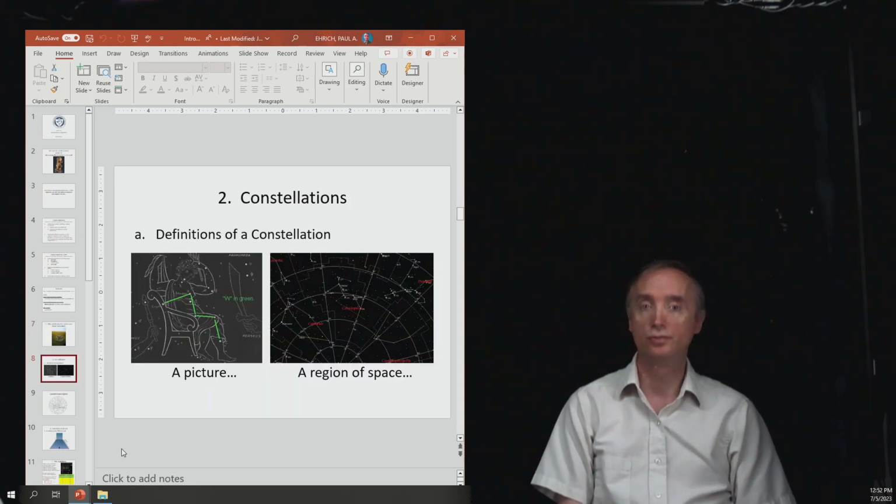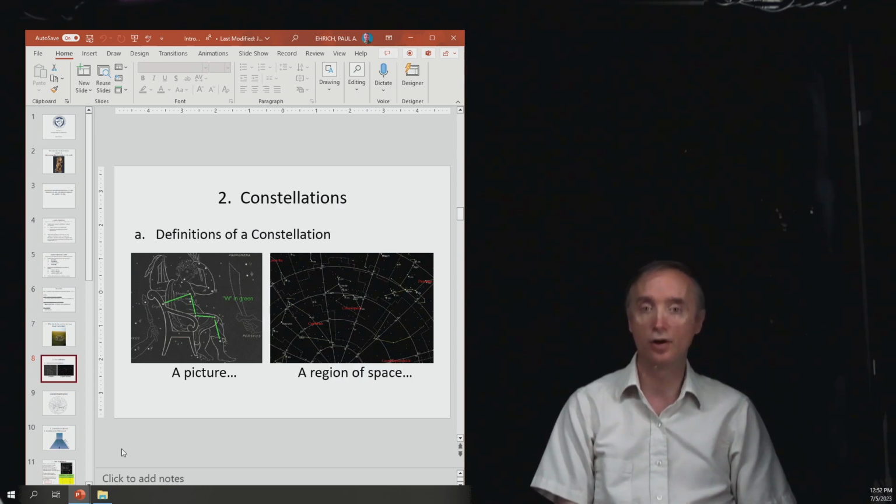Number 2, constellations. You need to know the old definition of a constellation, which was that the stars made a particular picture in the sky. The new definition is that it's a region of space, and all of the stars that are in a particular region of the night sky are considered to be a particular constellation.